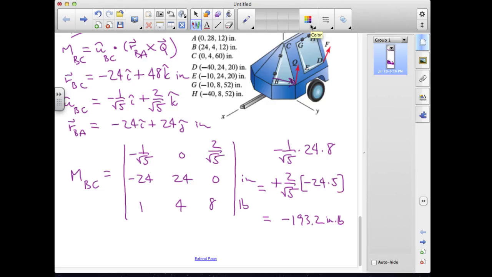If we're crossing this position vector into Q, we're going to go in this direction, and so we'll end up with a moment that's more aligned with this direction, and that projection onto axis BC will be from C towards B instead of the other way around.